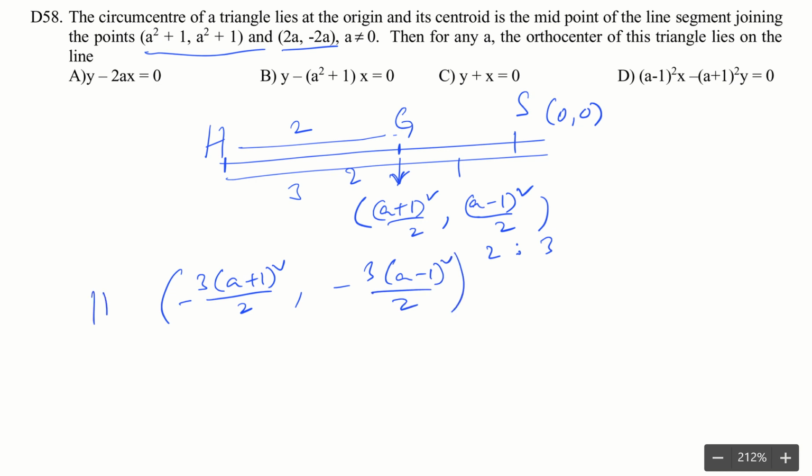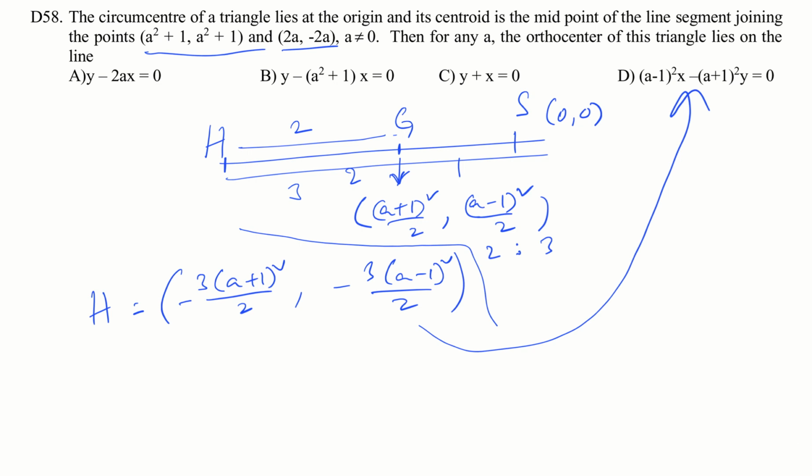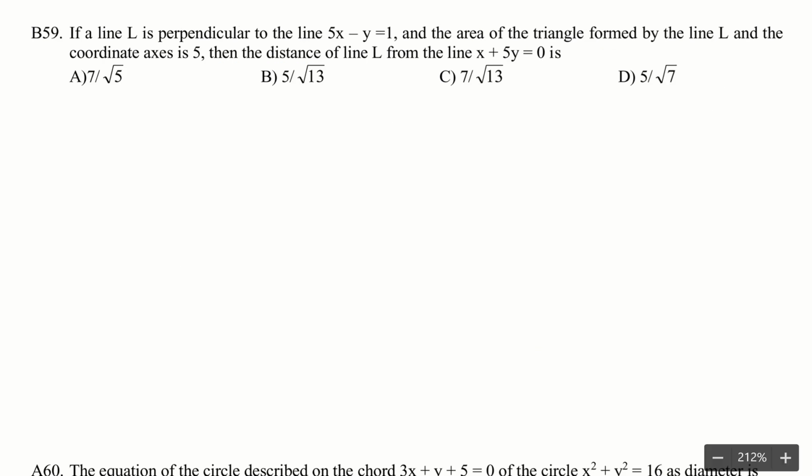This is nothing but your orthocenter. Okay. So once you have your orthocenter, you can see that it is obviously satisfying this equation, and it is the only equation satisfied by it. Therefore answer is option D. Let's go to next problem.